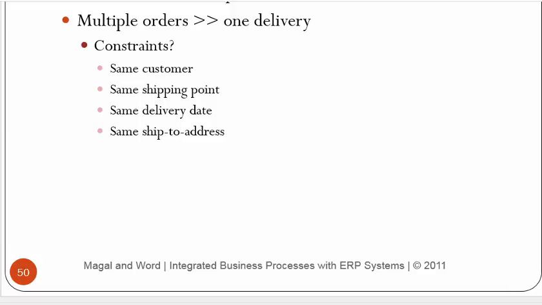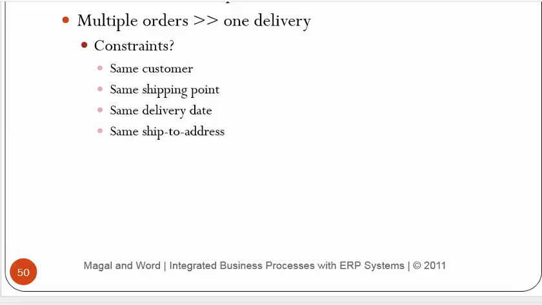So a customer had like 3 orders and we are going to ship only once. Of course, it has to be the same customer, the same shipping point, which means that you are shipping from just one place, and same delivery date, same ship-to address. Otherwise, it cannot be the same delivery. If you are shipping to 2 different addresses, that's 2 different deliveries.